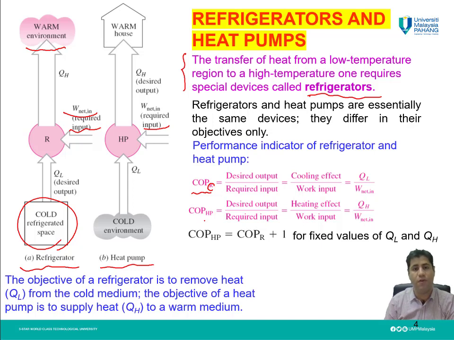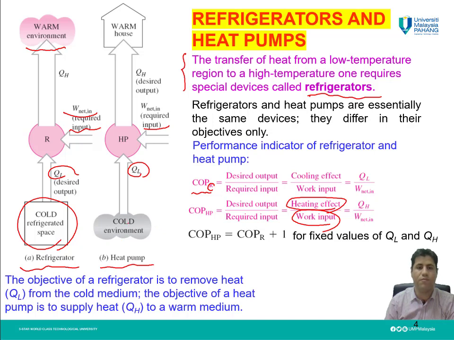And COP for a heat pump is again the desired output divided by the required input, but this time the desired output is the heating effect. In other words, how much heat is transferred to the warmer region is our desired output divided by the work input. For the refrigerator and heat pump which we have here, QL is the heat absorbed from the cooler environment.